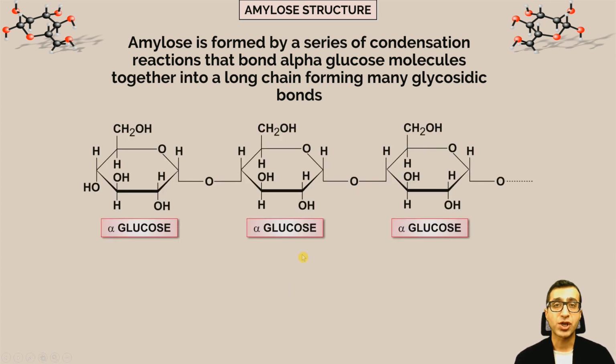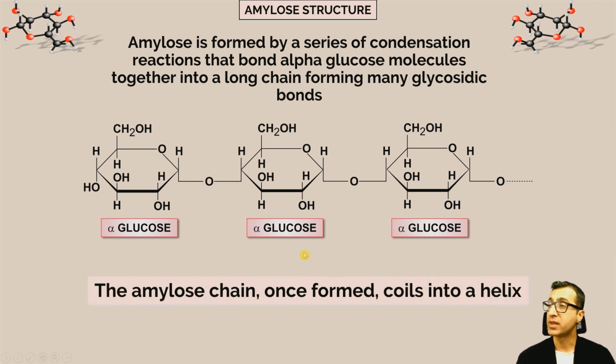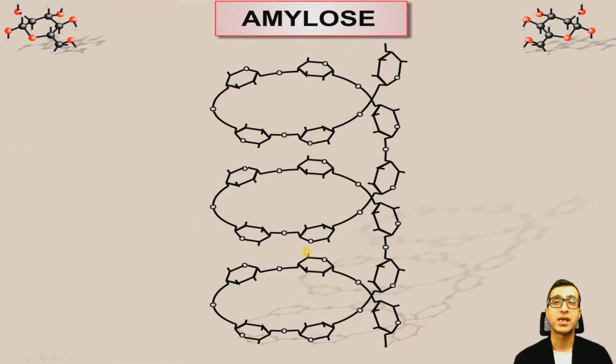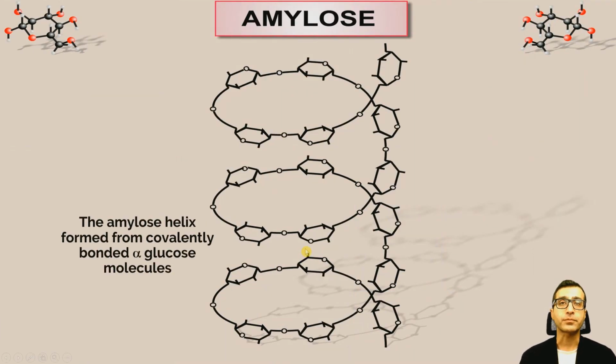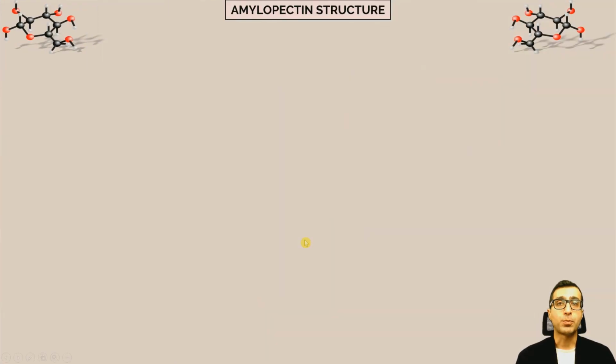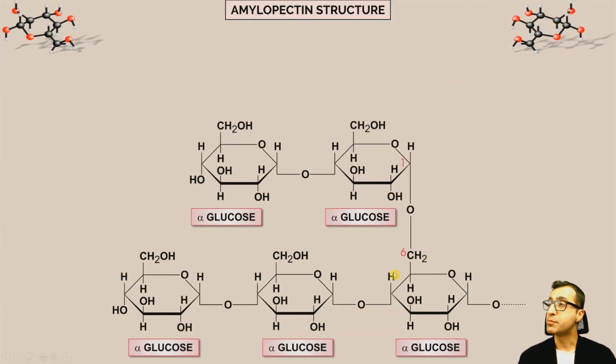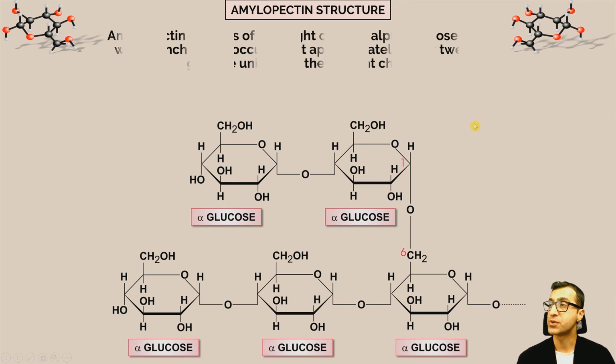So the amylose chain, once formed, will then coil into a helix, as shown here. So the amylopectin, on the other hand, will form these branches. Now the branches are formed by glycosidic bonds between carbon 1 on one chain of glucose, on one polymer chain, and carbon 6 of one of the monomers in an adjacent chain of glucose molecules.